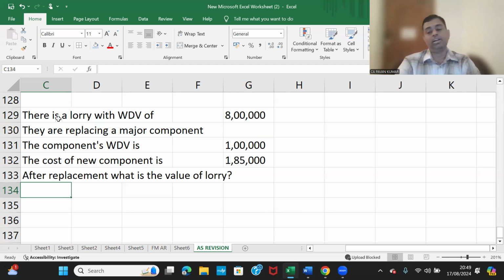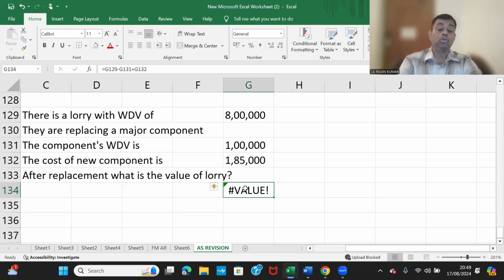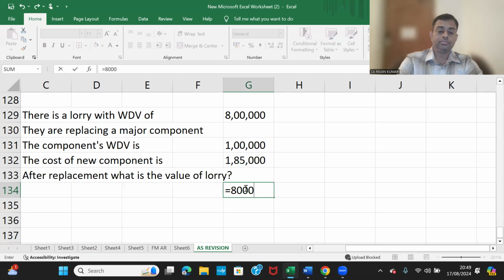Hello, madam. Tell the answer, madam. Oh, we have put commas, no? It is equal to 8 lakhs plus 1,85,000 minus 1 lakh.